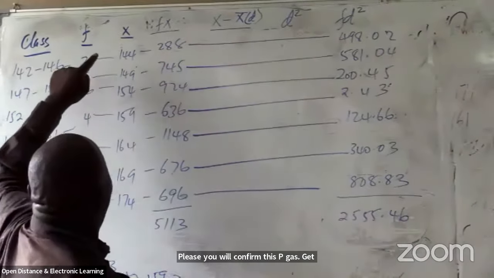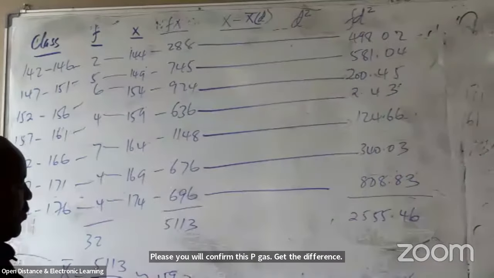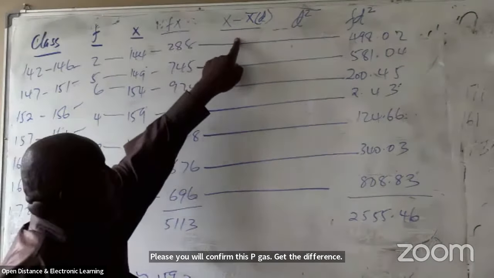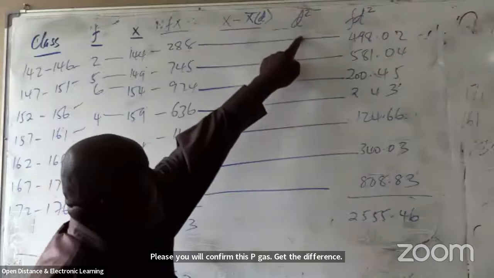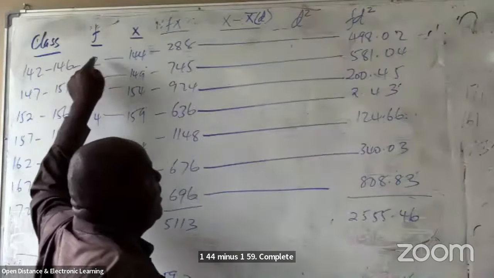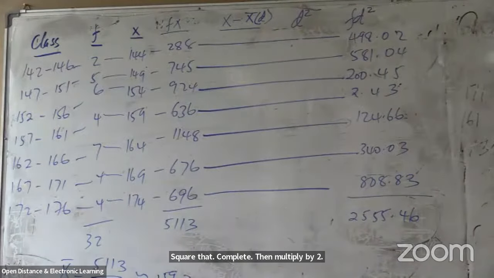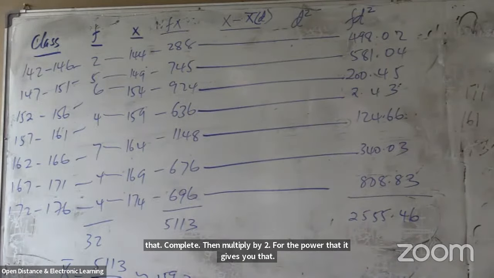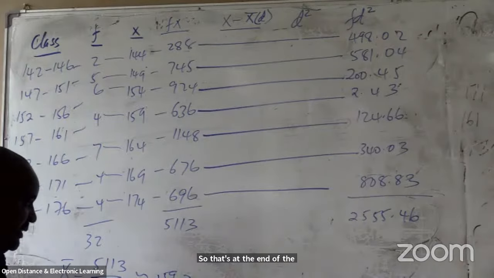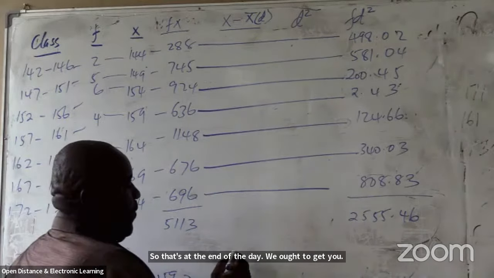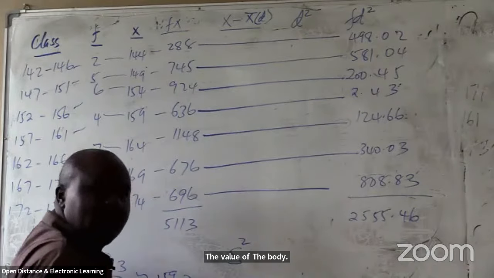Get the difference, 144 minus 159. Complete. Square that. Complete. Then multiply by 2. Confirm that it gives you that. So that at the end of the day, we are getting the value of the variance.